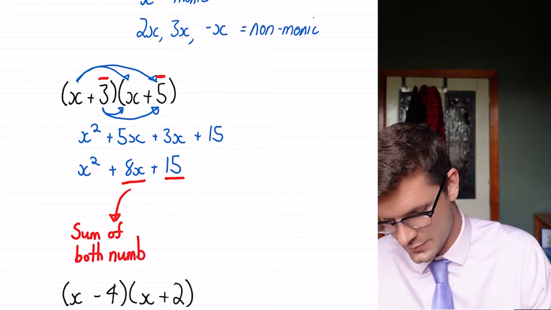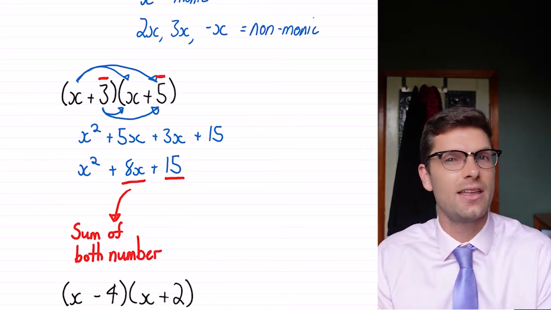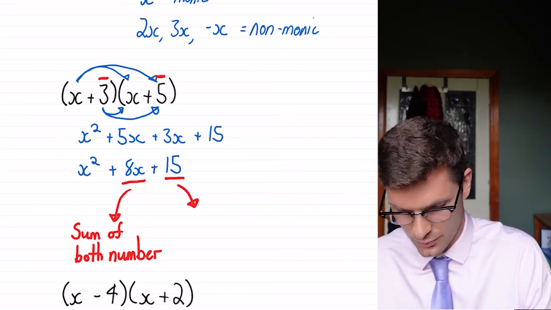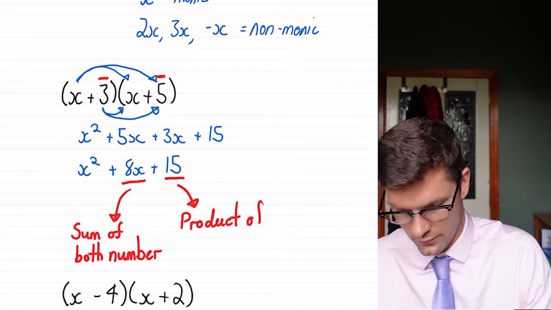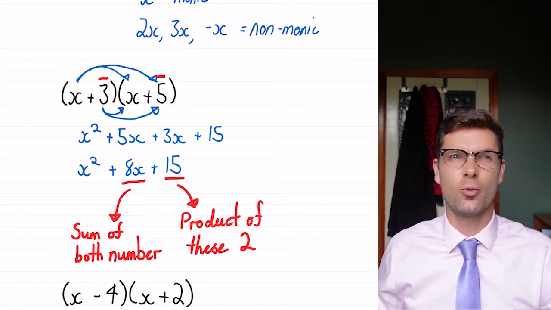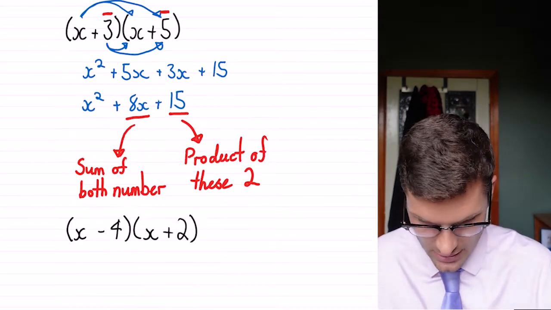So the 8 comes from 3 and 5. So 3 plus 5 makes that 8. Then we just add an X on it. And the 15 is the product or the multiplication of these two. So once we see that, we can do these questions in just one step really, really fast.